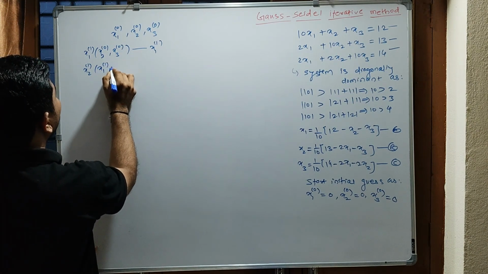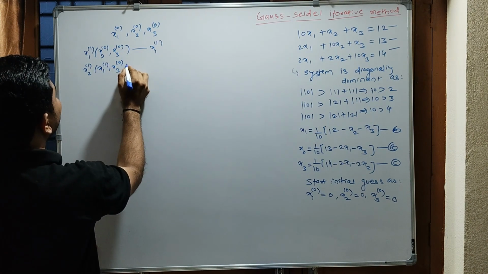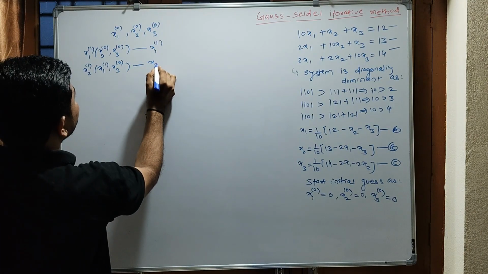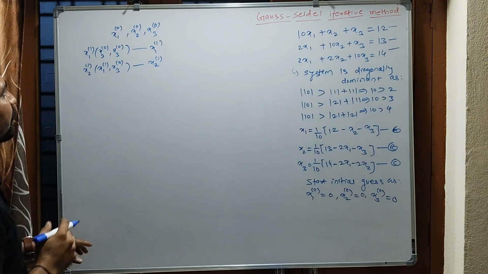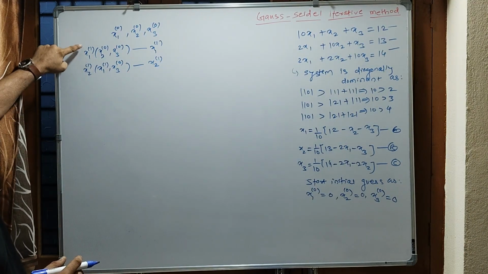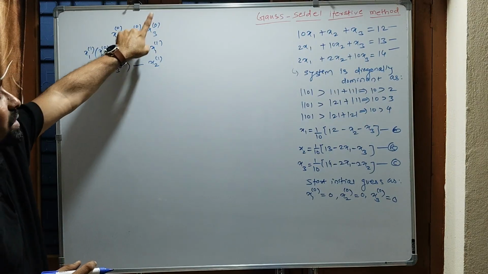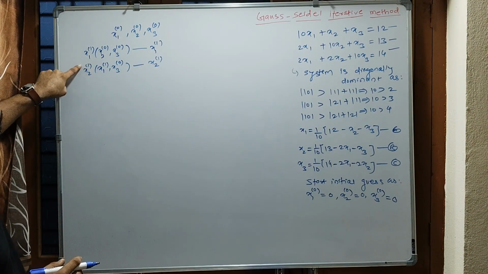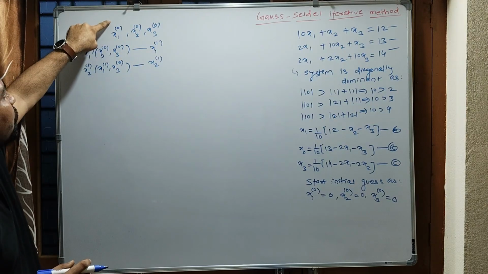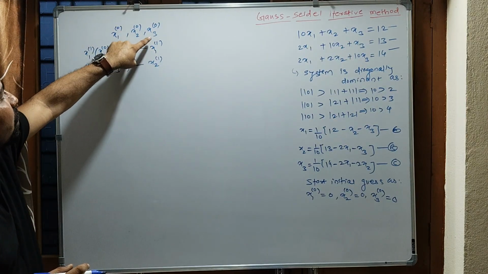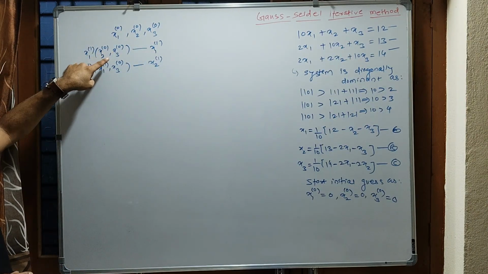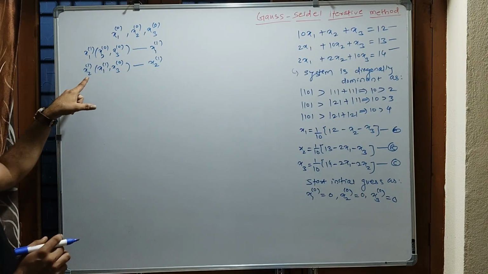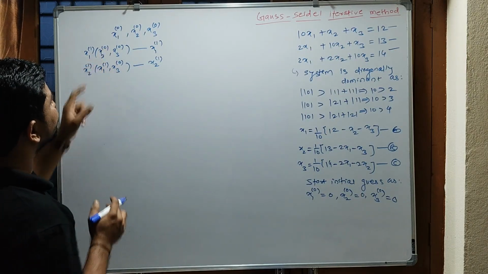Here I am using x1 at 1, which was found in the previous step, and x3 at 0. With this I get x2 at 1.